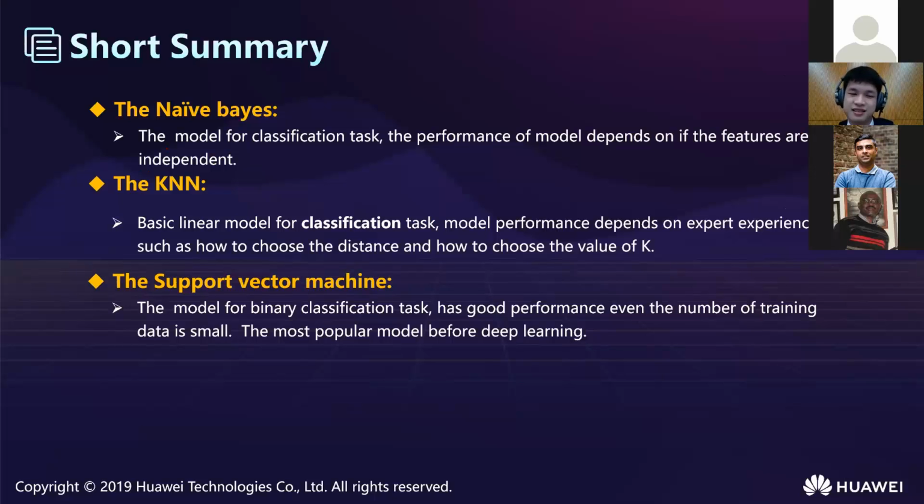And the next one is naive Bayes. The model is for the classification task, and its performance depends on whether the features are independent. If the features are independent, naive Bayes can work well, but if the features are dependent, naive Bayes cannot work very well. And the next one is the k-nearest neighbor model, which can also do the classification task.